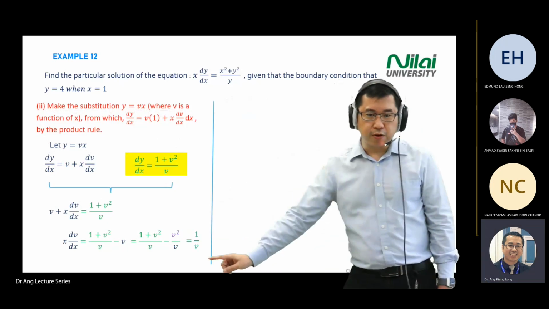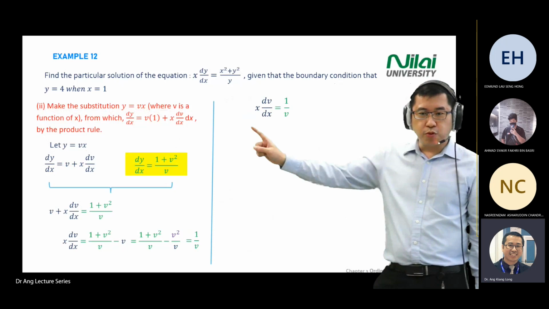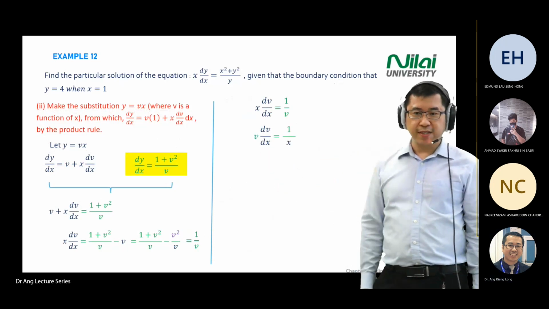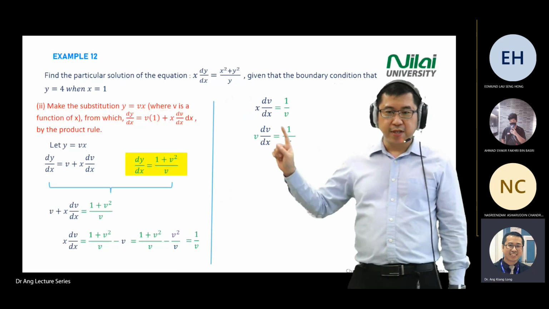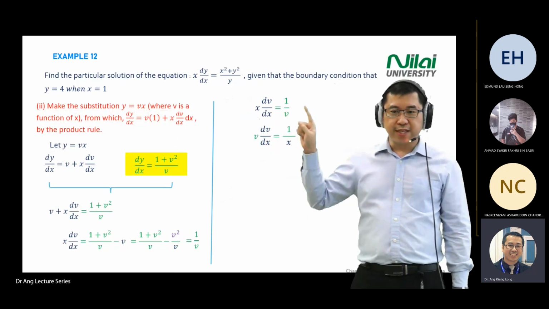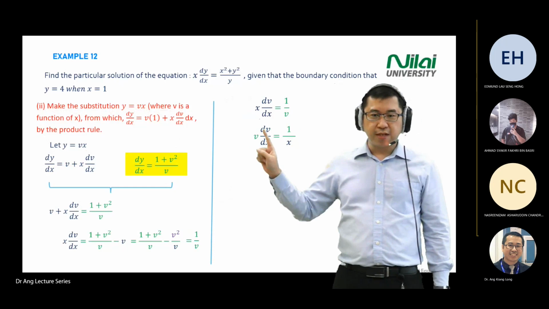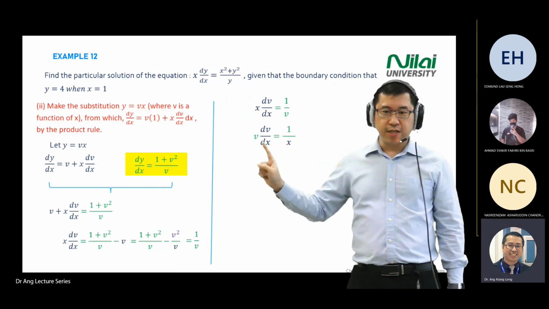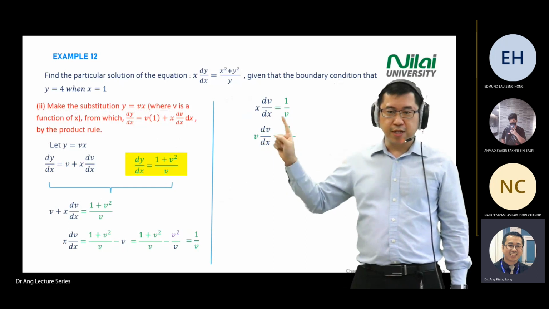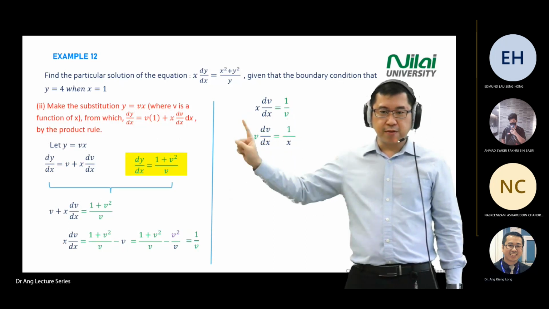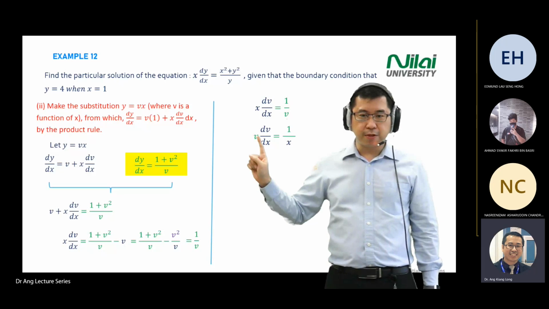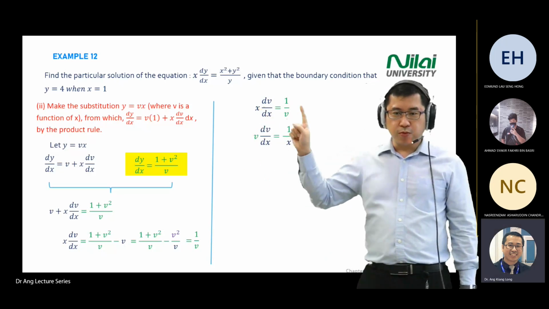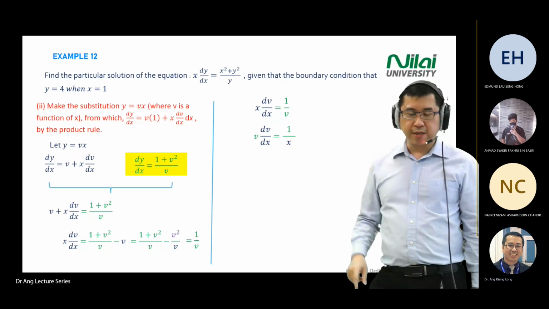Okay, 1 over v. Then after that, you rewrite the equation: dv on one side, dx on the other side. You put v on one side, dx on the other side. So this one goes to the left-hand side, this one to the right-hand side. When they exchange position, the division becomes multiplication, and moving left to right, multiplication becomes division.